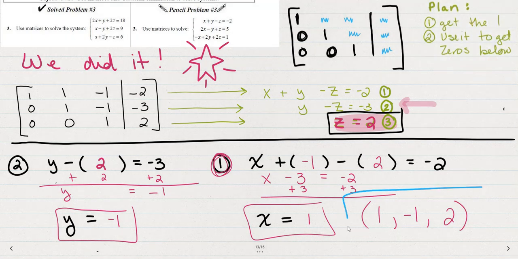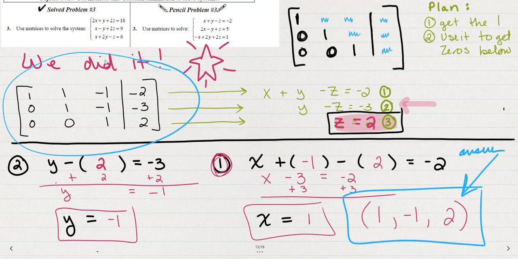We have solved the system of equations. Now, there is one more way to do this. Once we get this far, if we were to get 3 more zeros, then our x, y, and z would just sit in this last column.